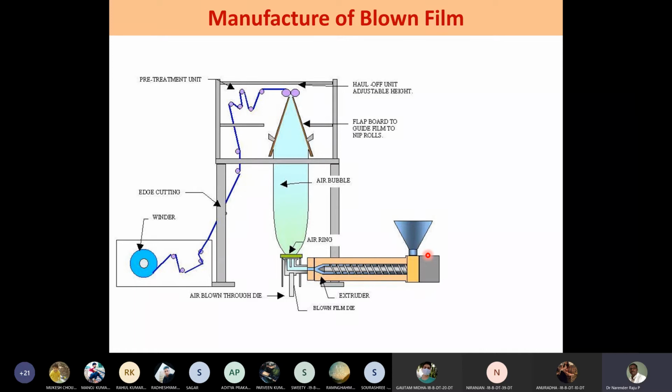Here, in the blown film technique, through the extruder, the extruded material is blown using an inert gas, maybe CO2 or nitrogen, and the material will be blown similar to a tube, and at the end the stretched material is collapsed and converted into a film and again rolled back.